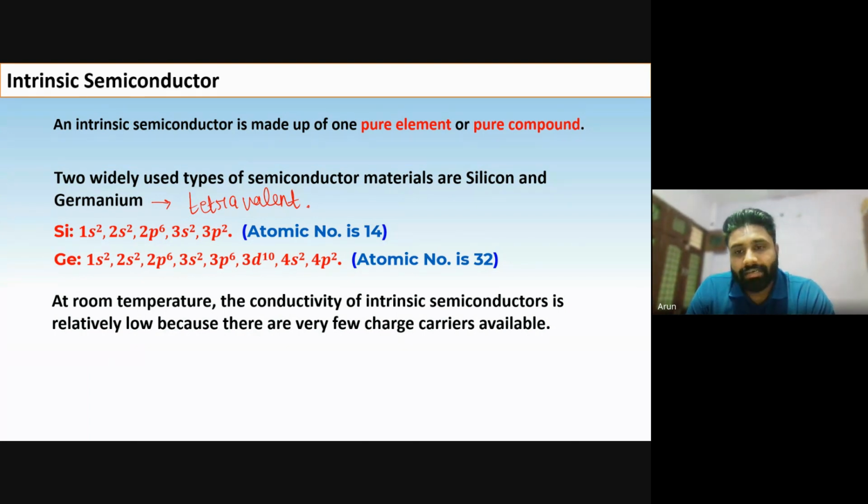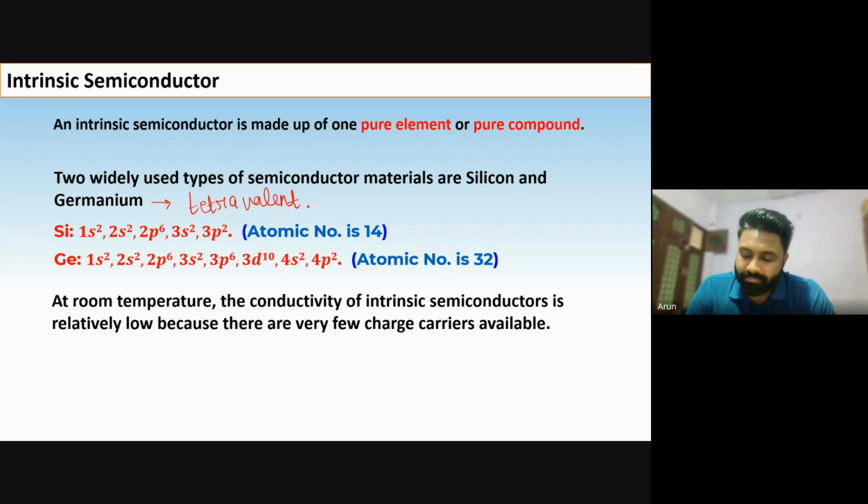To run the semiconductor, we need conduction to happen in it. But semiconductors like silicon and germanium will not show any significant conductivity at room temperature. When we check their conductivity, it comes out to be very low.